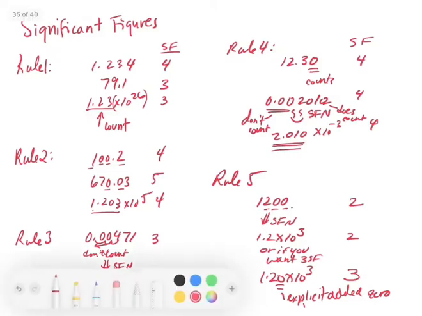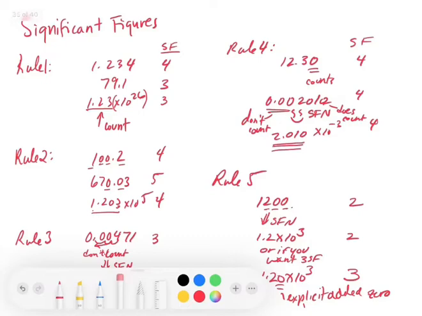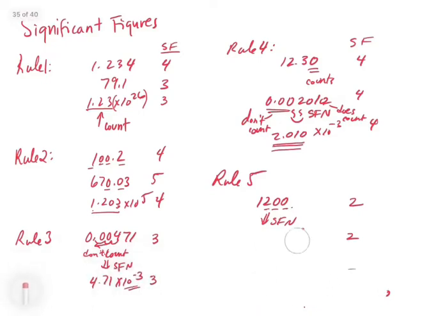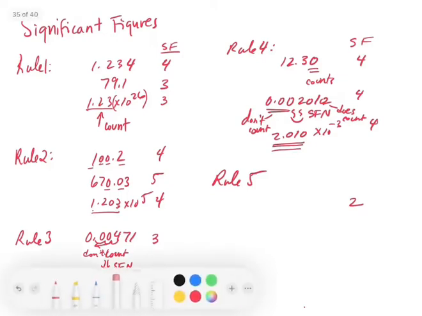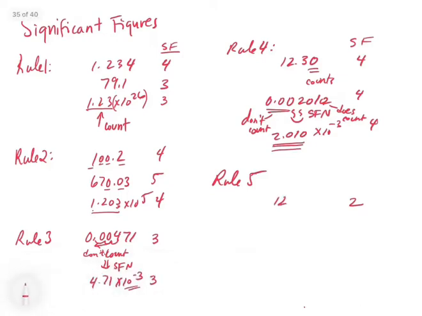Now there's one other thing that you can do, and I'm just going to erase to get a little bit of room here. Another way that you could indicate that the zeros in 1200 were significant is to add an explicit decimal point, and then they become significant.